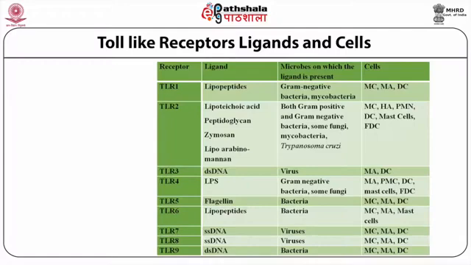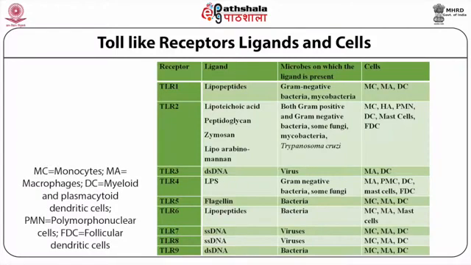And the fourth one, of course, talks about the cells, which are written in abbreviated forms, as these abbreviations are defined at the bottom of the table. MC stands for monocytes, MA stands for macrophages, DC stands for myeloid and plasmacytoid dendritic cells, PMN are polymorphonuclear cells, FDC are follicular dendritic cells.